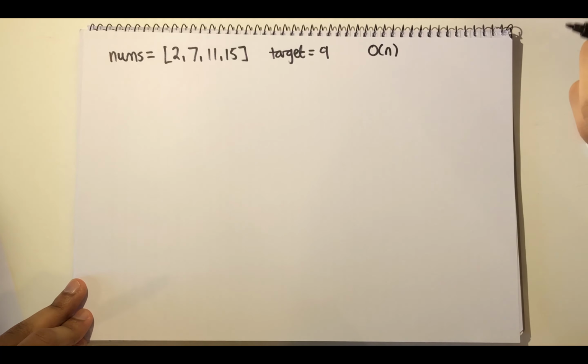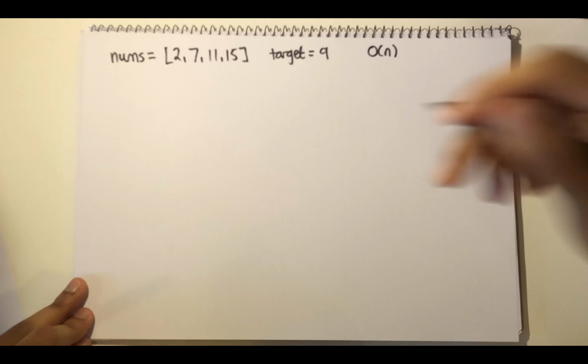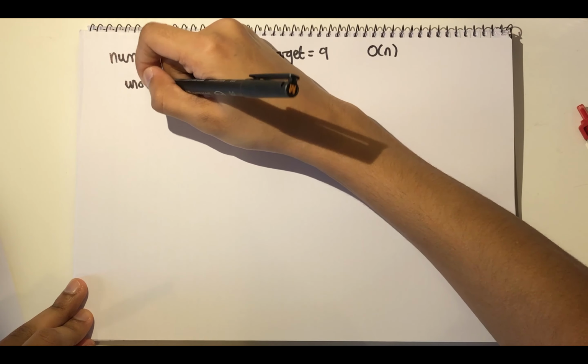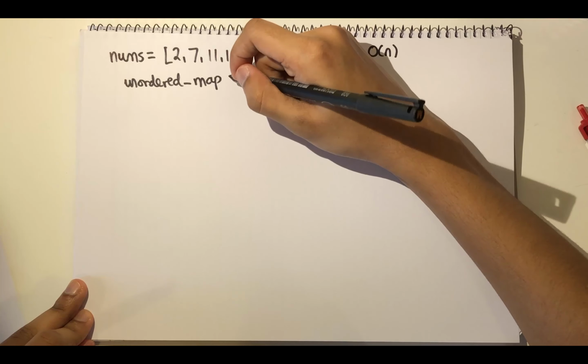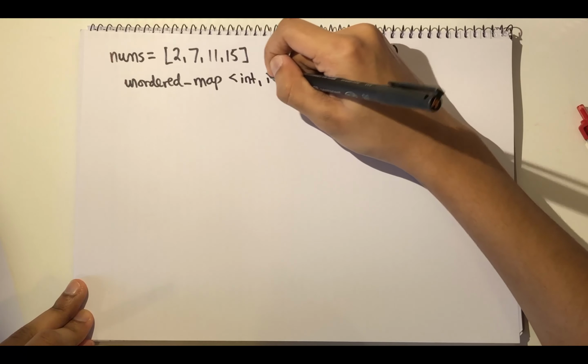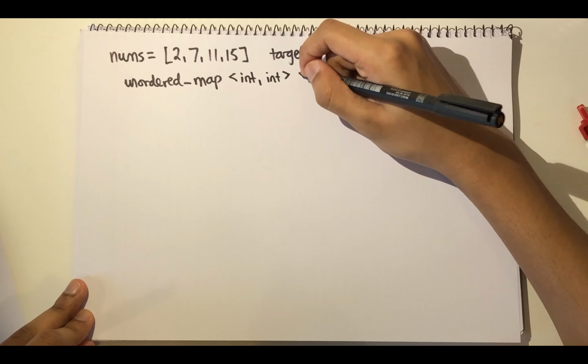The way we're going to do this is we're going to create a hash map. So let's say we have an unordered map, integer pair. Let's name it hash.